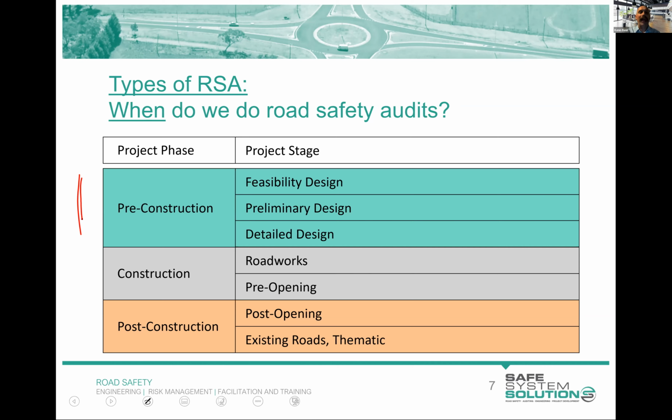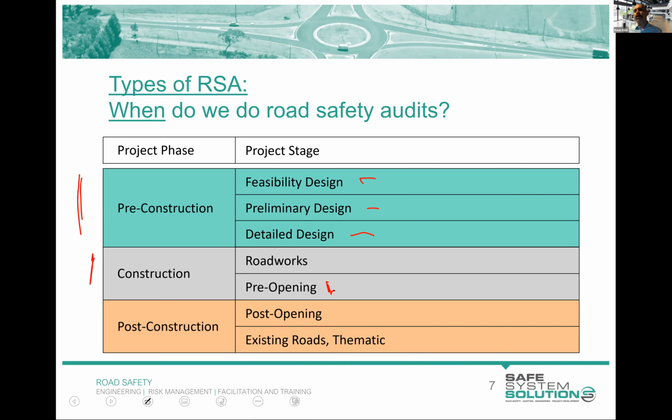This is design, planning, the feasibility being that early planning stage, preliminary being when some concepts have been developed, and then the detailed design being the full design set. Or during construction and roadworks, when traffic management's happening and all of that. And just before they open the road, if it's a greenfield site. By greenfield, I mean an absolutely new road.